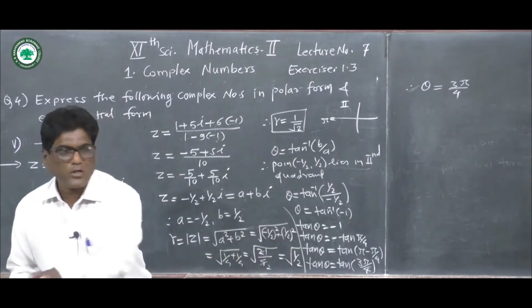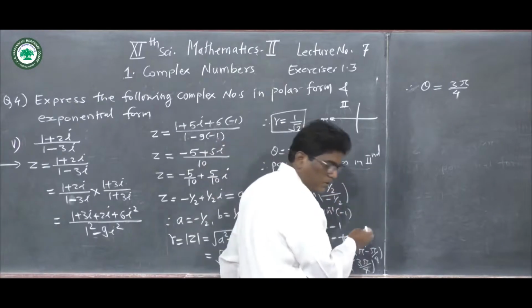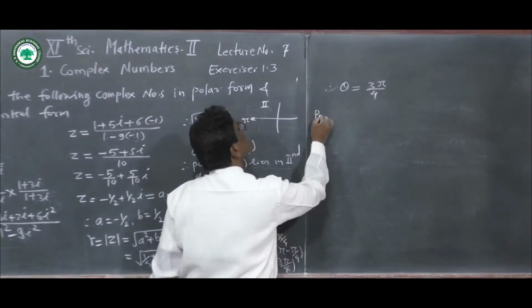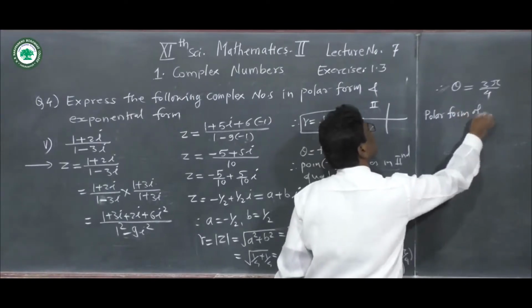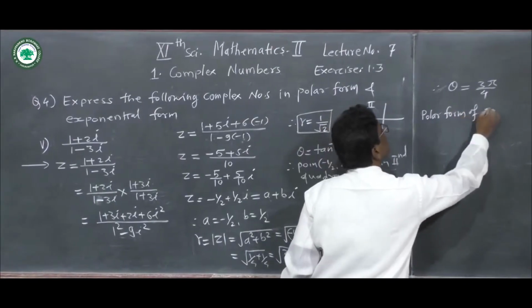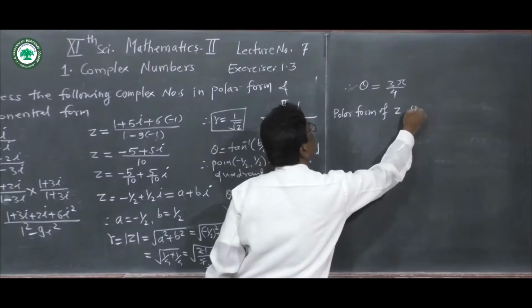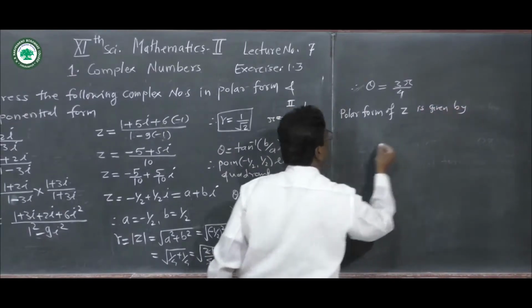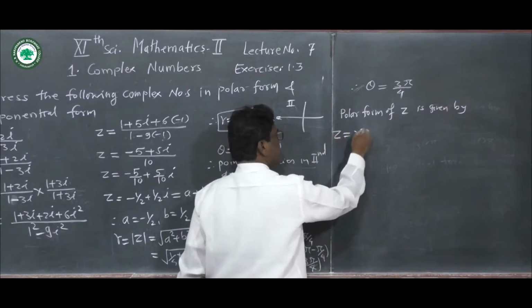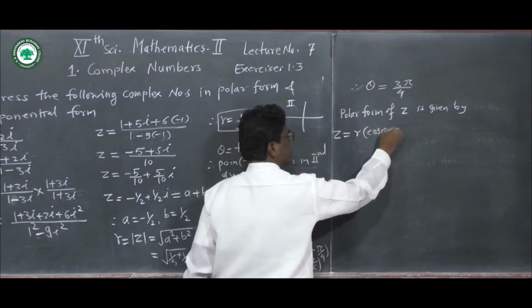So the polar form of the given complex number Z is given by Z is equal to R in the bracket cos theta plus I sin theta.